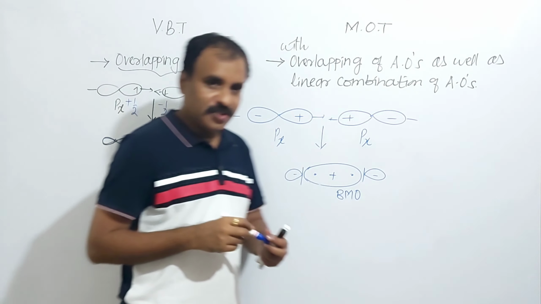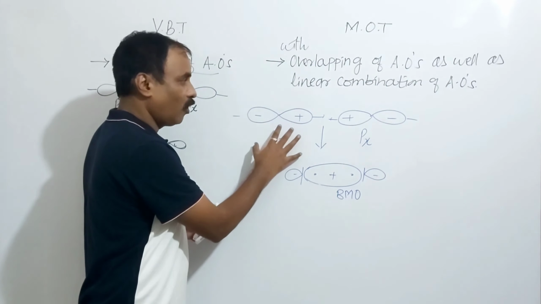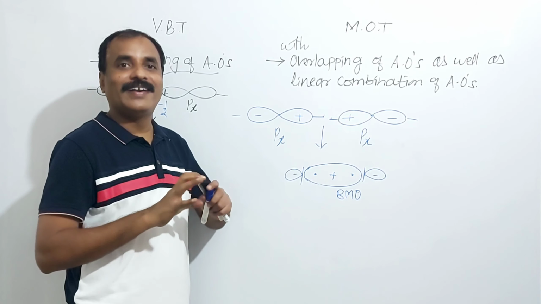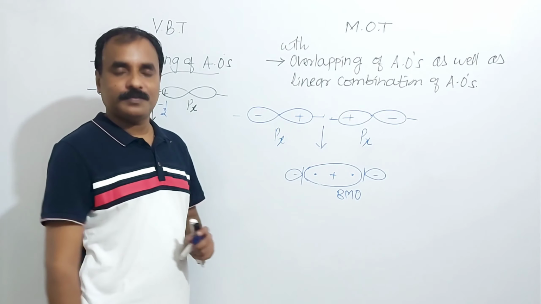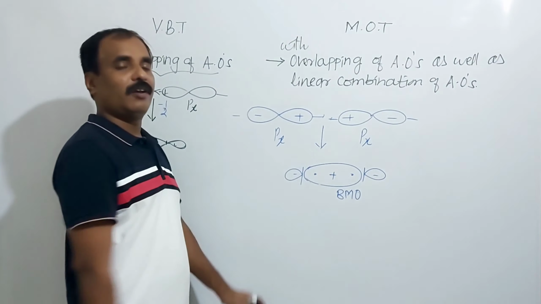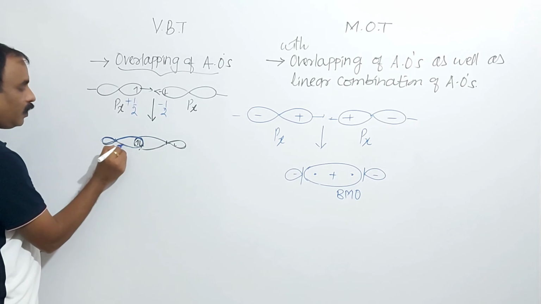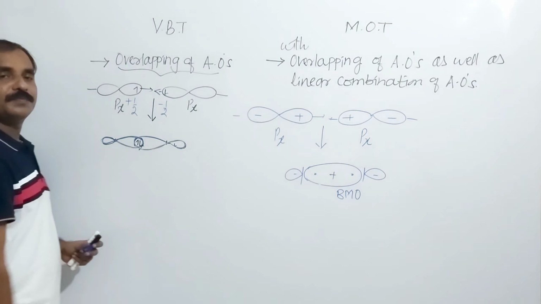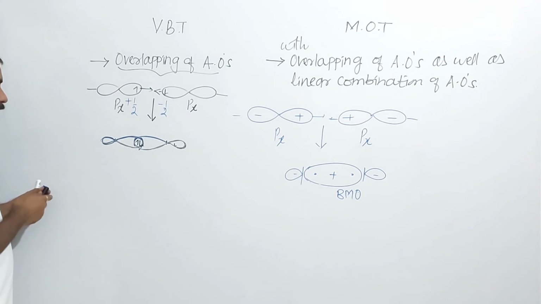But here, after overlapping and linear combination of atomic orbitals, it is not possible to identify atomic orbitals. This is only the bonding molecular orbital. Here there is no identity of atomic orbitals in this bonding molecular orbital. But here we can identify: this is the atomic orbital of one atom, this is the atomic orbital of another atom.